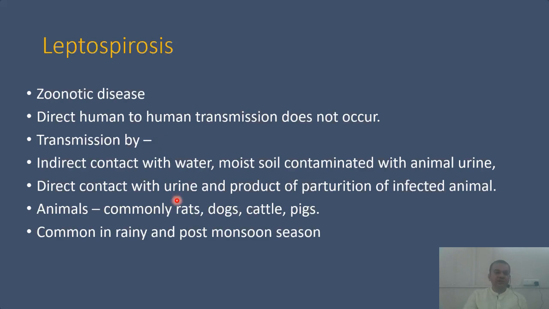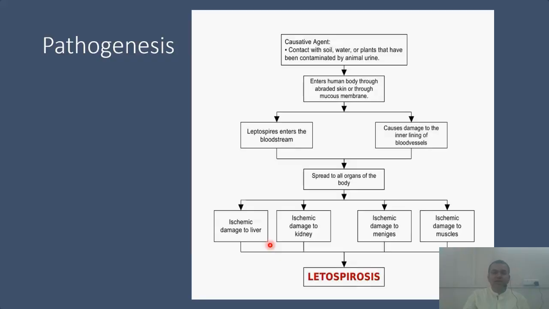Around 50 to 100 animal species are affected with leptospira, but commonly the rats, dogs, cattle and pigs are the most susceptible, and from there the human gets affected, because humans are more close to these animals. This disease is commonly seen, with the peak reported during the rainy season or the post-monsoon season. Okay, because you know already.